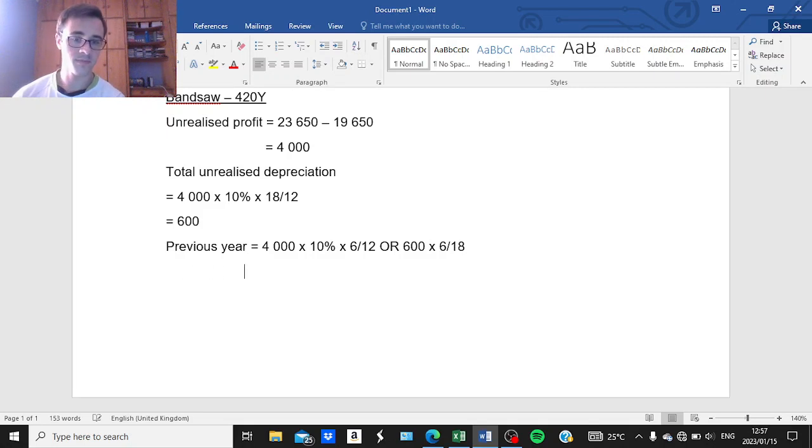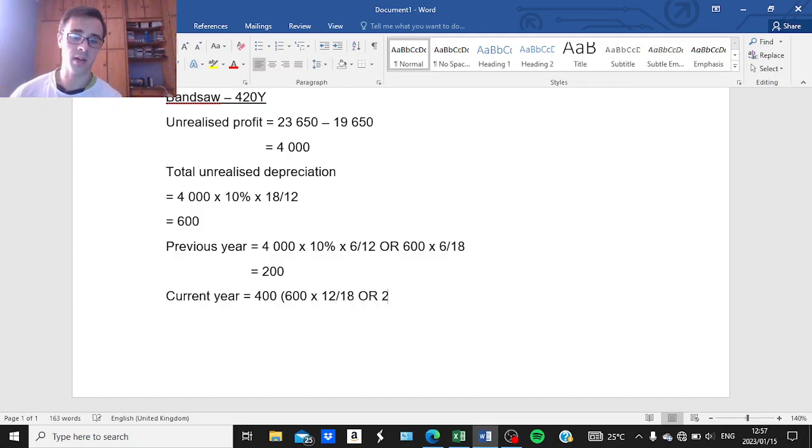Right. This will give you a total of 200 Rand in respect of the previous year. So the current year's amount will be 400, which we can calculate by taking 600 times 12 over 18.